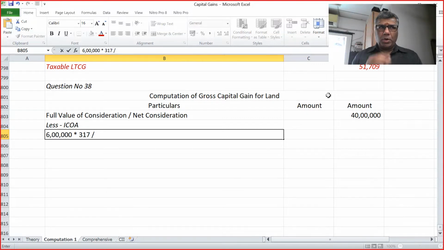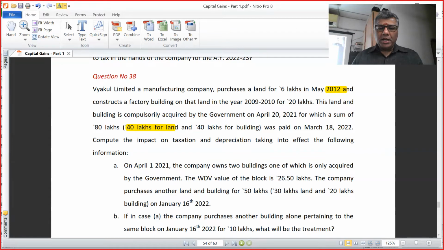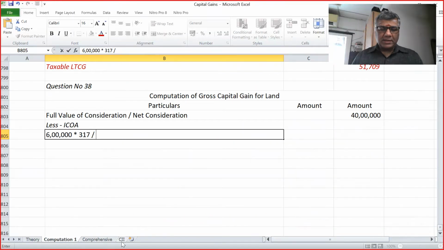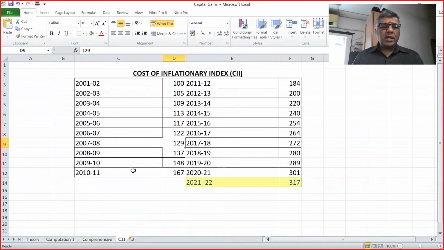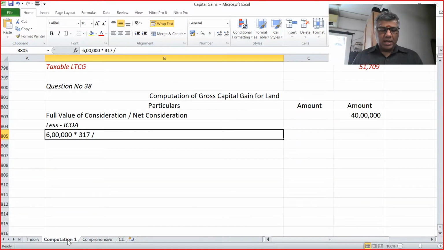April 21 acquired and March 22 you got it. Okay, May 2009 is 2009-10, and the index for 2009-10 is 148. And 2019.